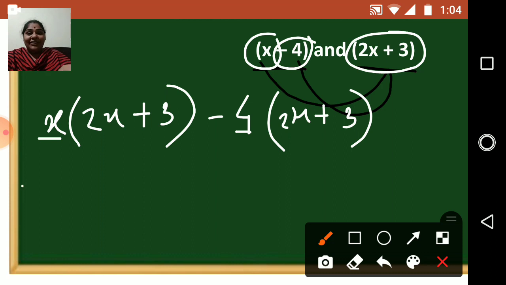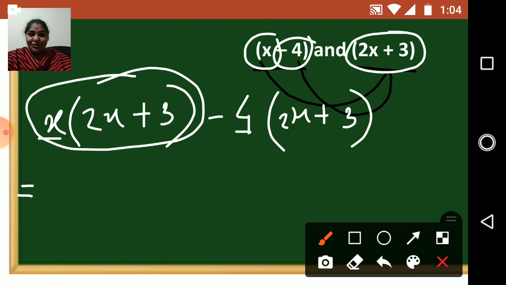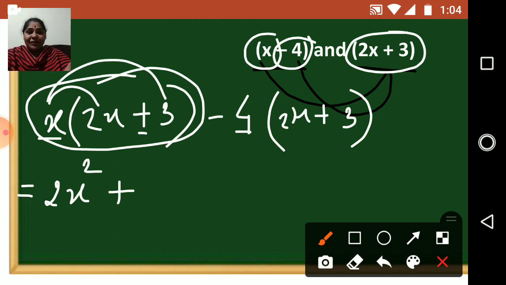So now let us multiply. Now this multiplication everybody knows, it is a multiplication of a monomial to the polynomial. So x multiplied by 2x will be 2x square, plus, as it is, x multiplied by 3 will be 3x.